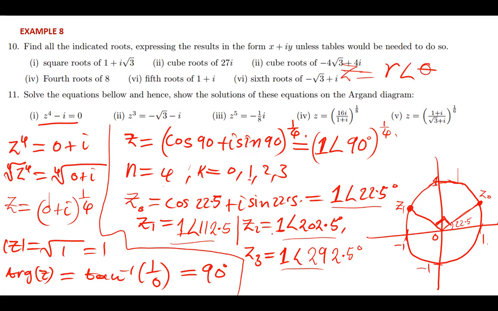Let us also put Z2. So Z2 is simply just 202.5. So 202.5, I'm going to say 202.5 minus 112.5. And then that will also give me a 90 degrees. So I'm also going to draw another line there.